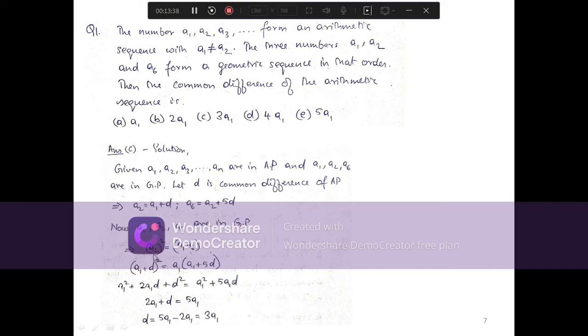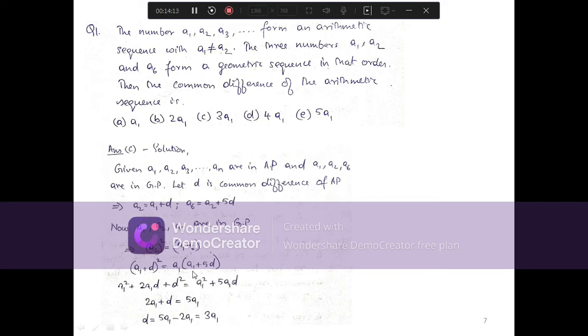If a1, a2, a6 form the geometric sequence, then a2 will be the geometric mean between a1 and a6. So a2 square equal to a1 into a6. What is the substitution? a2 is a1 plus d, and a6 is a1 plus 5d. From where do we get this? a_n equal to a1 plus (n minus 1) into d. So n is equal to 6, so a1 plus 5d. Okay, it's not a2.